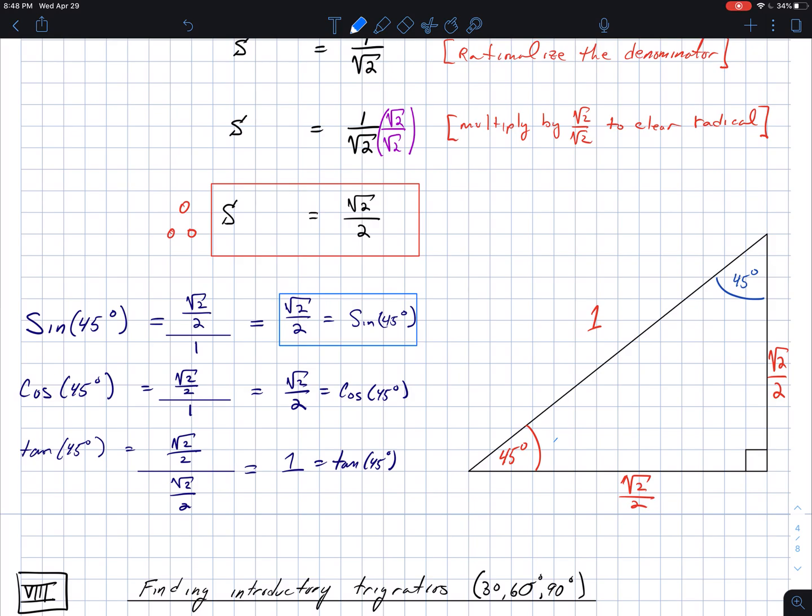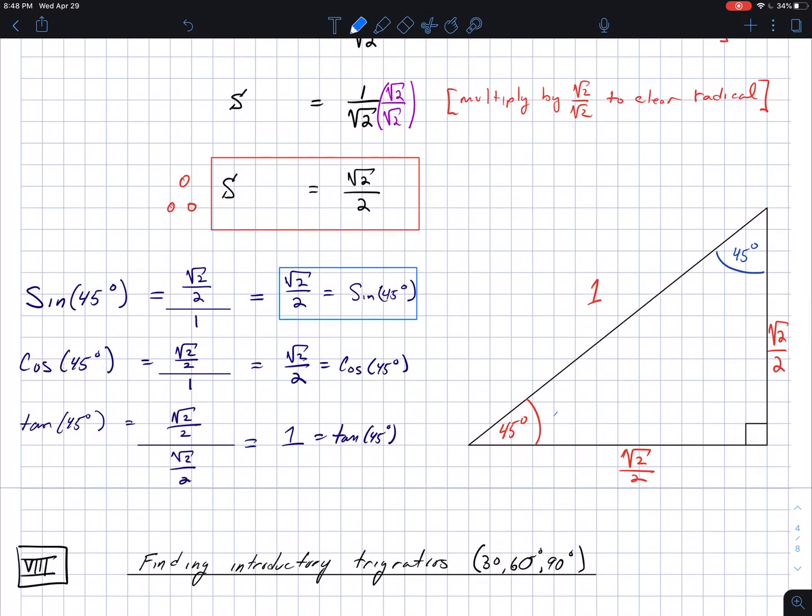Same with the cosine, because remember, it doesn't matter. You could take either one and you're going to be able to get them back. The cosine is the adjacent side. So if I actually just did this, here's the adjacent side, right? All over the hypotenuse. And that's exactly what I did here.